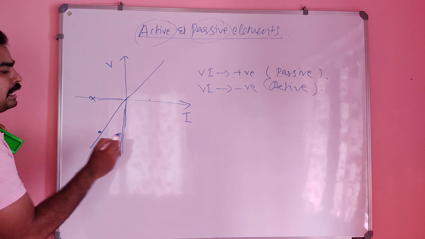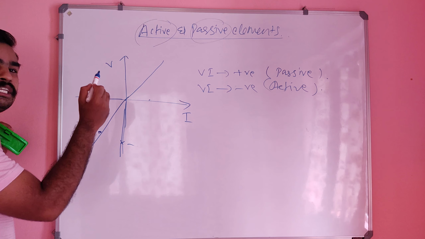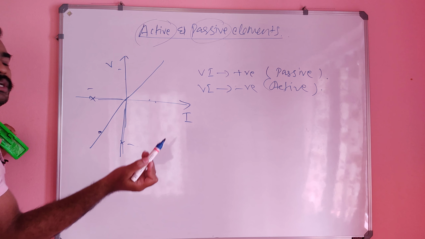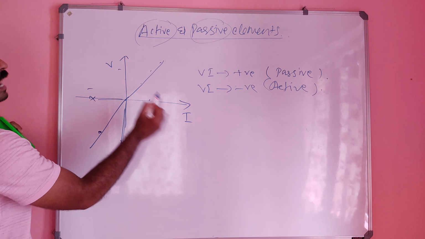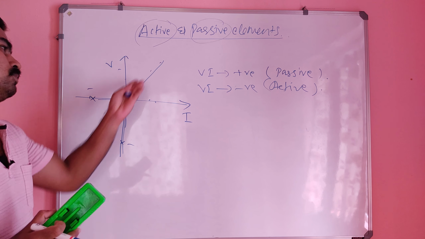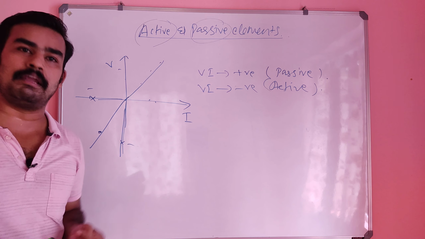The product of I and V will be positive because it is negative and it is negative. Again it is positive and it is positive. So the product will be positive again. So at any point of this graph, we will get the product of V and I as positive. So this is an example of passive. Of course, this will be the characteristics of a resistor. So the resistor is a passive element.